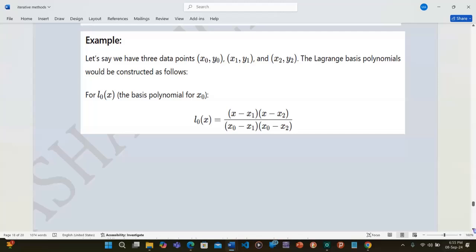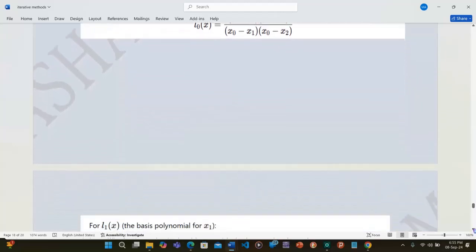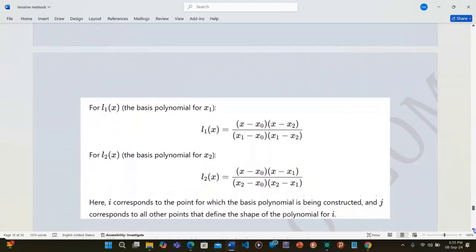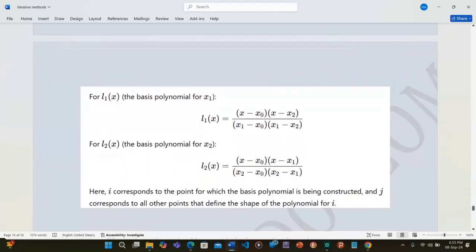If we are talking about x1, it will be like this. The i and j must never be the same; if they are the same, it will equal 0. Here, if j is 0, i is 1; if j is 2, i is 1, so they can never be the same.